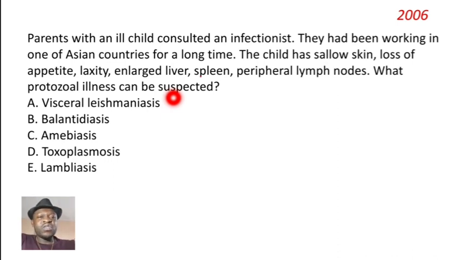What protozoal illness was suspected here? Just to remember, this one is leishmaniasis. It's visceral leishmaniasis, the answer, because it's usually found in the Asian countries, and it's visceral because of enlargement of these organs.